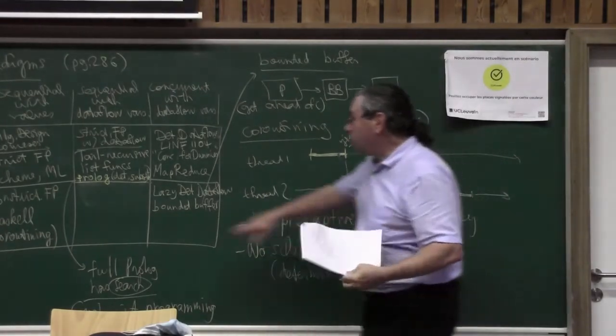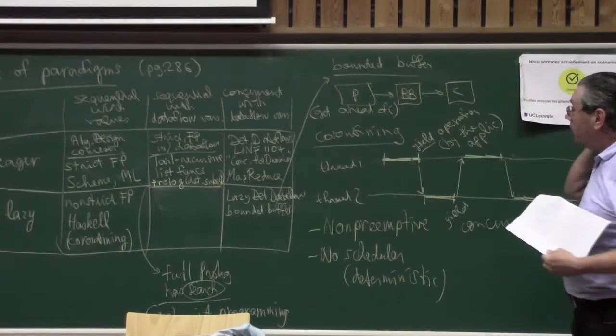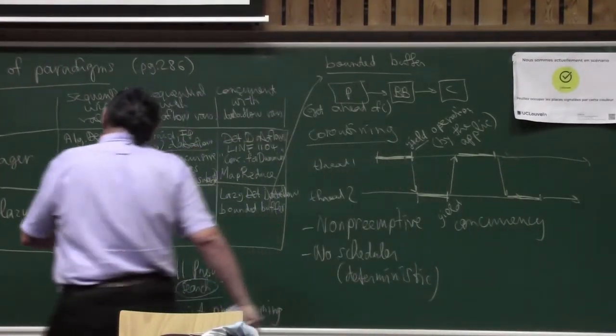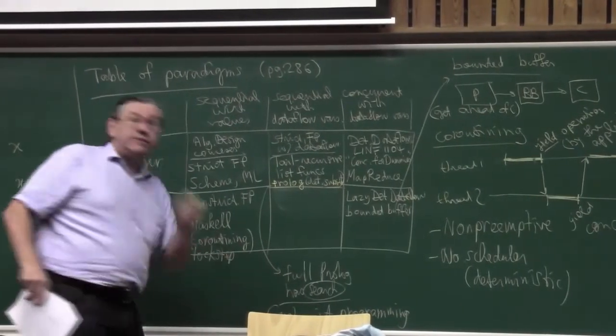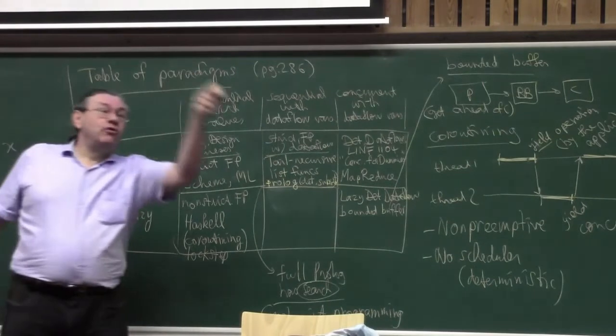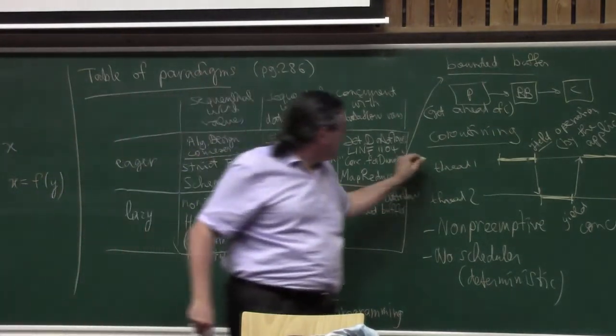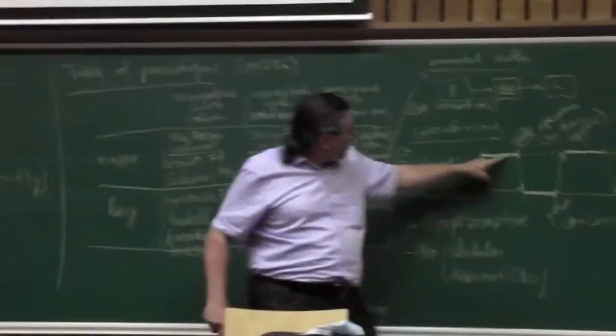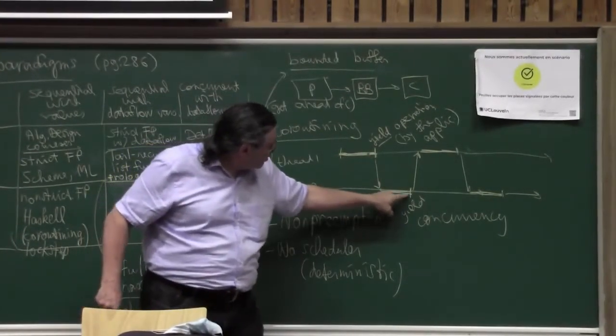This is not possible in a language like Haskell. In Haskell, you cannot write a bounded buffer because the producer and consumer are executing in lockstep. The consumer needs a value, then control switches to the producer, which calculates.